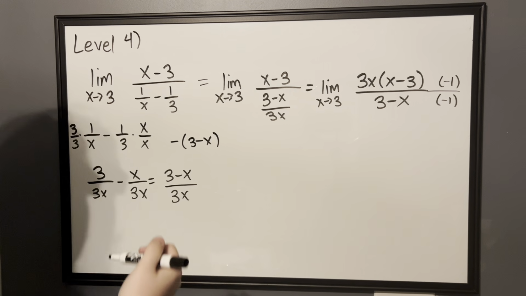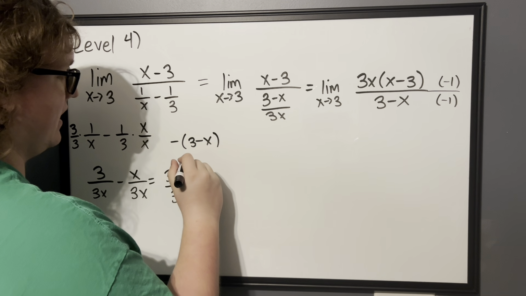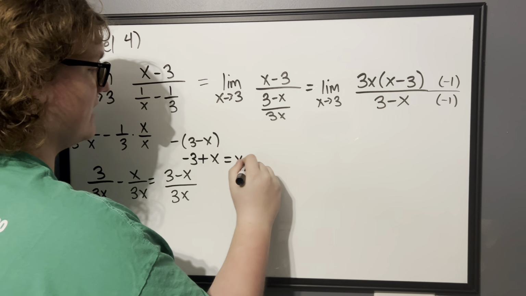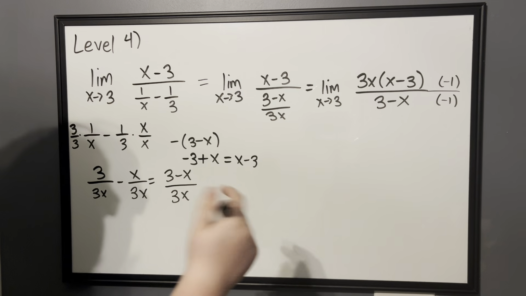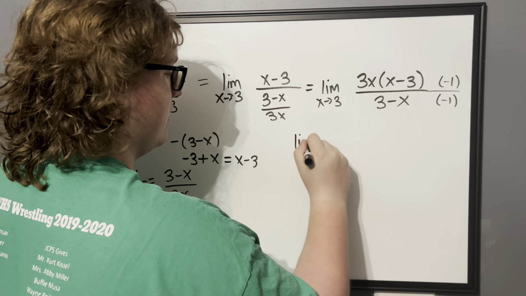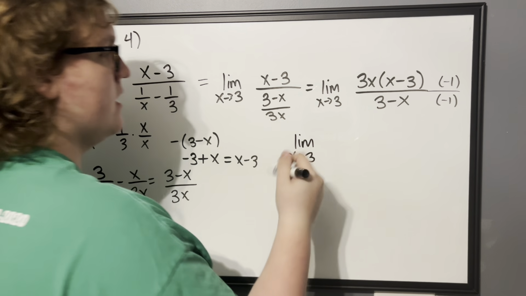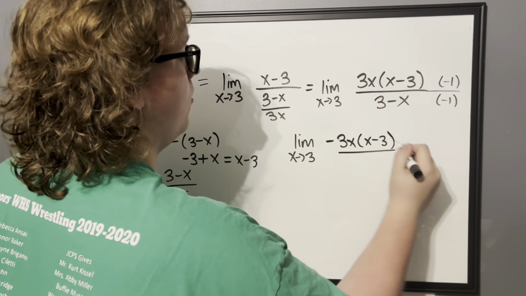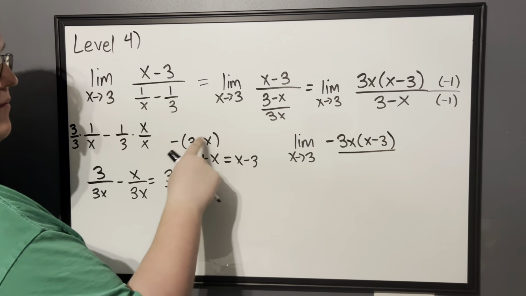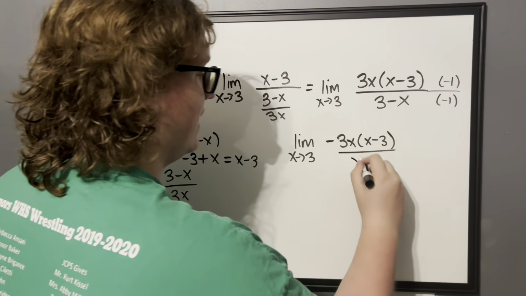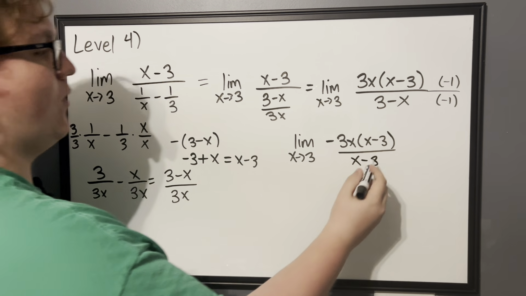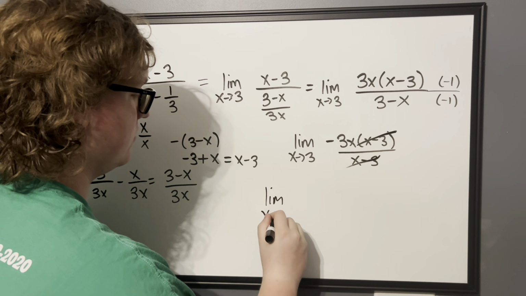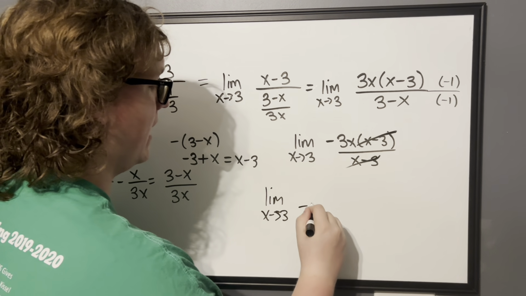When we distribute this negative, we're going to get a -3 plus x, which is the same thing as x minus 3. So now when we rewrite this limit, we're going to have the limit as x goes to 3. This will just be a minus 3x times x minus 3 over, when we multiplied the -1 by the 3 minus x, we got x minus 3. And this is great because now we can cancel out this with this. And we'll just have the limit as x goes to 3 of minus 3x.